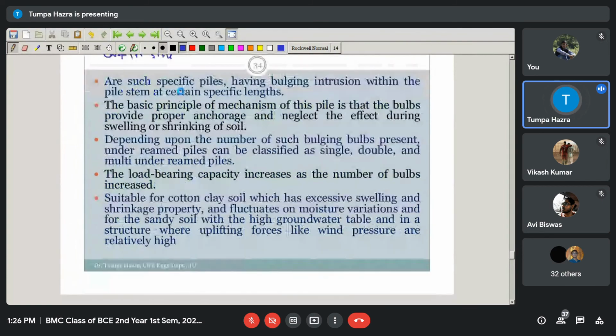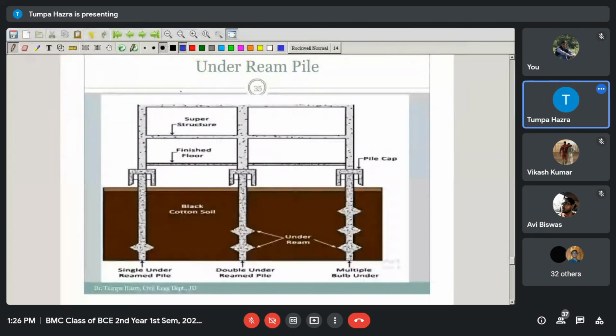First, let me show you the picture of the pile, under-ream pile, then I will explain. This is the picture of the under-ream pile. Here you can see the pile means one vertical slender member, but along with this vertical slender member there are bulging portions adjacent to the slender portion.